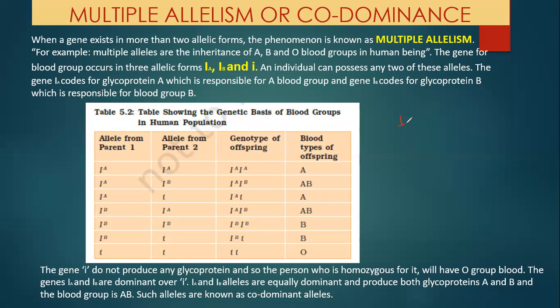We have three alleles in human ABO blood grouping: the IA gene, the IB gene, and a small i gene. If this allele is expressed, then it will produce a type of glycoprotein on the surface of the red blood cell.